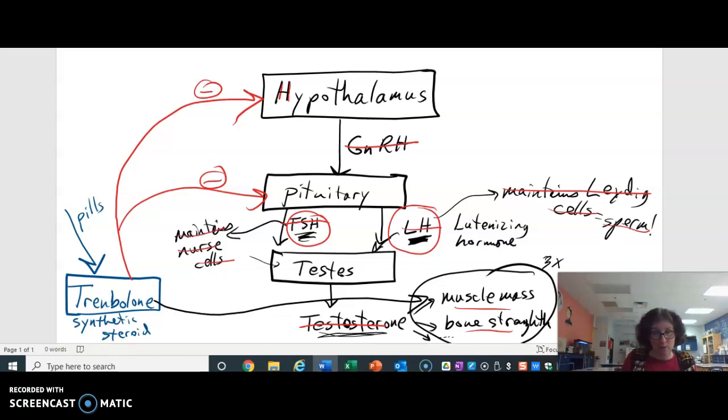So that's how a normal hormone pathway with normal negative feedback systems is affected by taking an outside hormone that bypasses the normal pathway and also bypasses important intermediary hormones, which really are supposed to be there and have their own separate jobs.